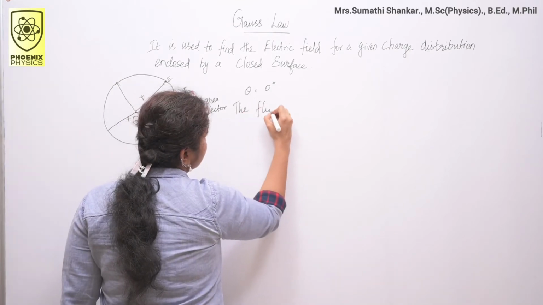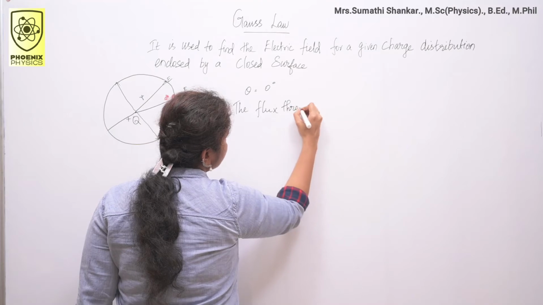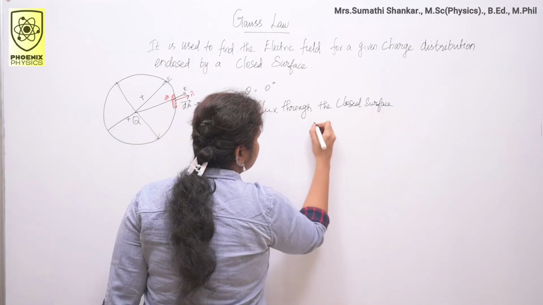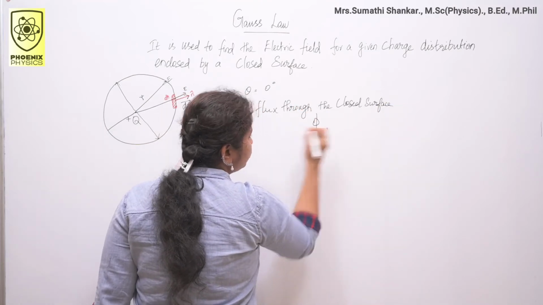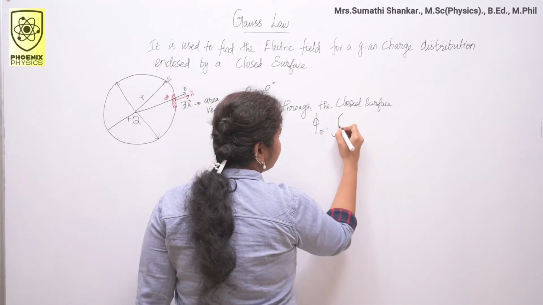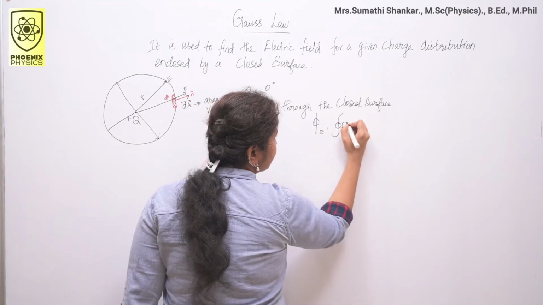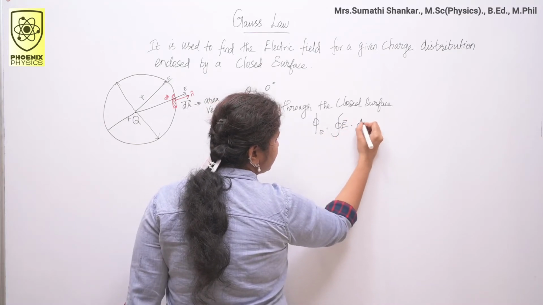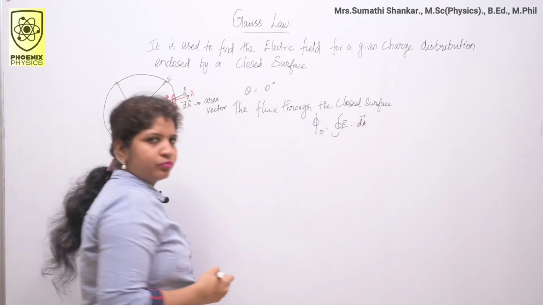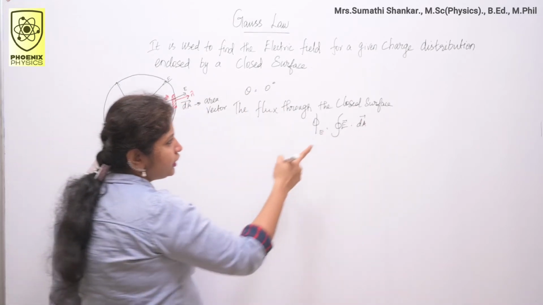The flux through the closed surface, that is phi, is equal to the integral of E vector dot dA vector, it is a closed surface, right? Then how do you write E dot dA?